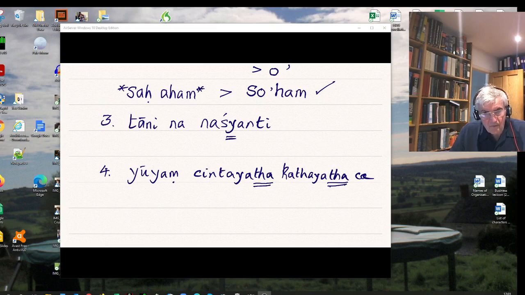And you'll see this form in the imperative as well, ending in this characteristic ta. Same in Pali. So you get many imperatives telling people what to do if you're addressing plural people, ending in the ta. Yuyam chintayata katayata cha. You are thinking and speaking.